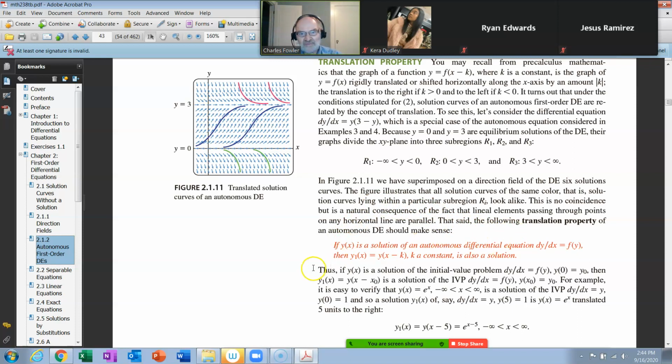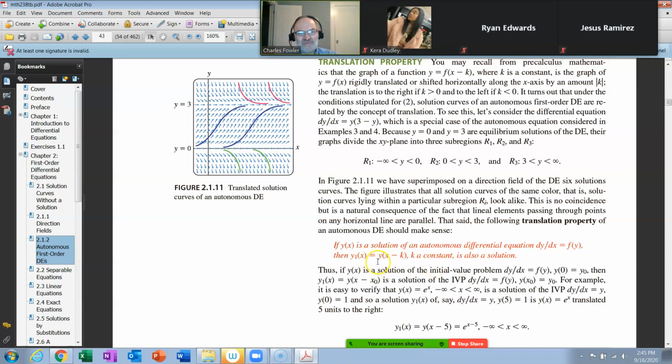So let's see this red statement here. If y of x is a solution of an autonomous differential equation, such as that, then y1, which is y of x minus k, yeah, y of x, that's not a times.